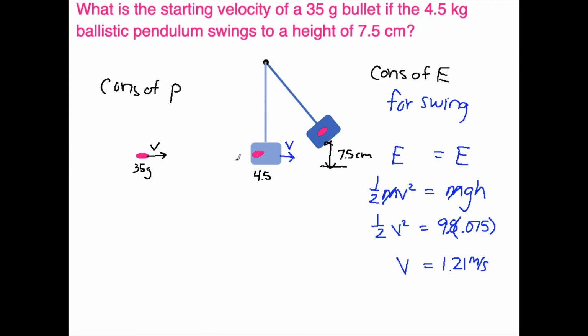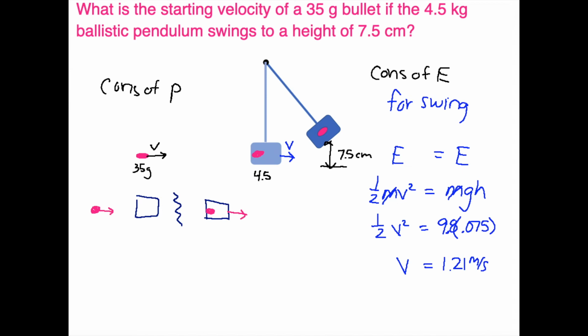Now I'm going to do the collision part. I'm going to draw this like I always do these. So my before is going to be a bullet going, and the block is at rest. And then my after is my block with the bullet in it.